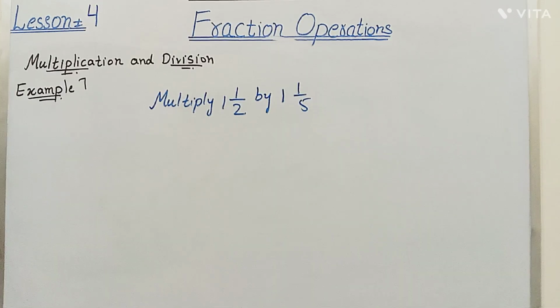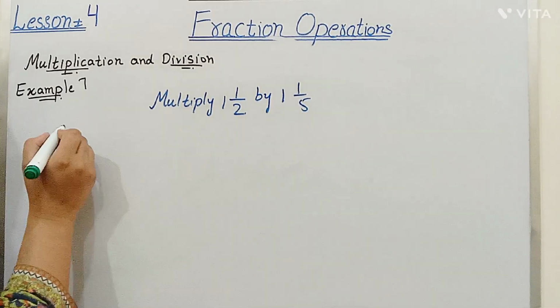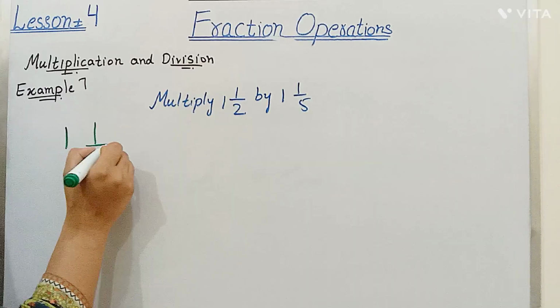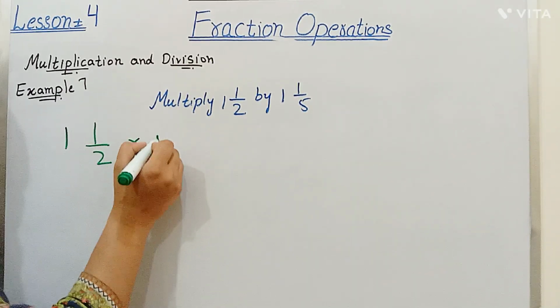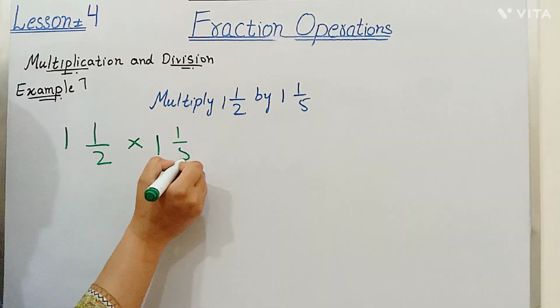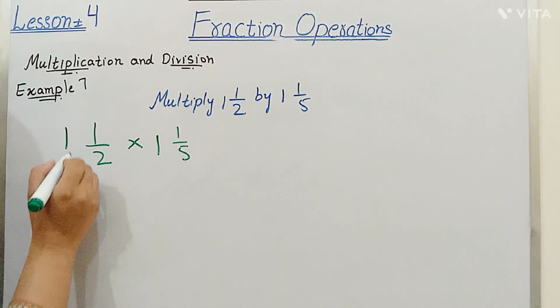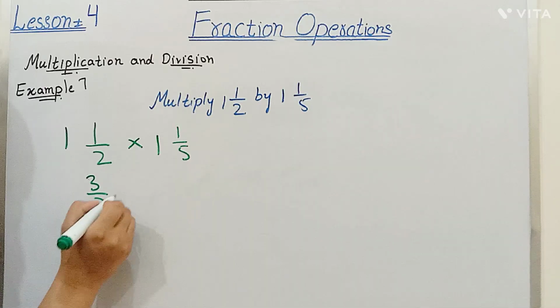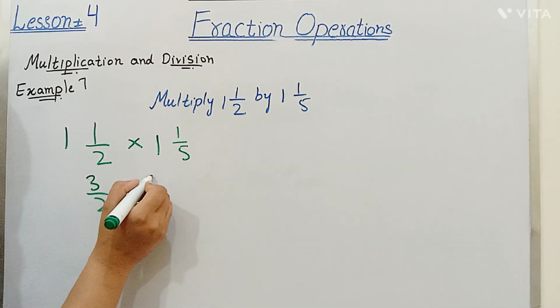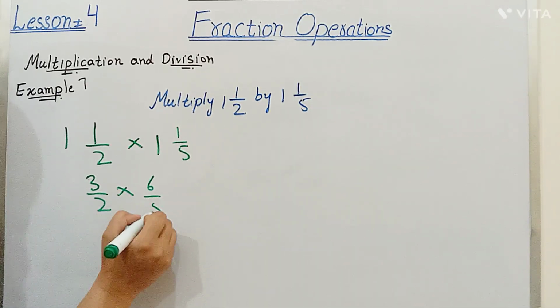Multiply 1 by 2 by 1 by 5. 1 by 2 by 1 by 7. Multiply 1 by 5. 2 ones are 2 plus 1, 3 by 2. 5 ones are 5 plus 1, 6 by 5.